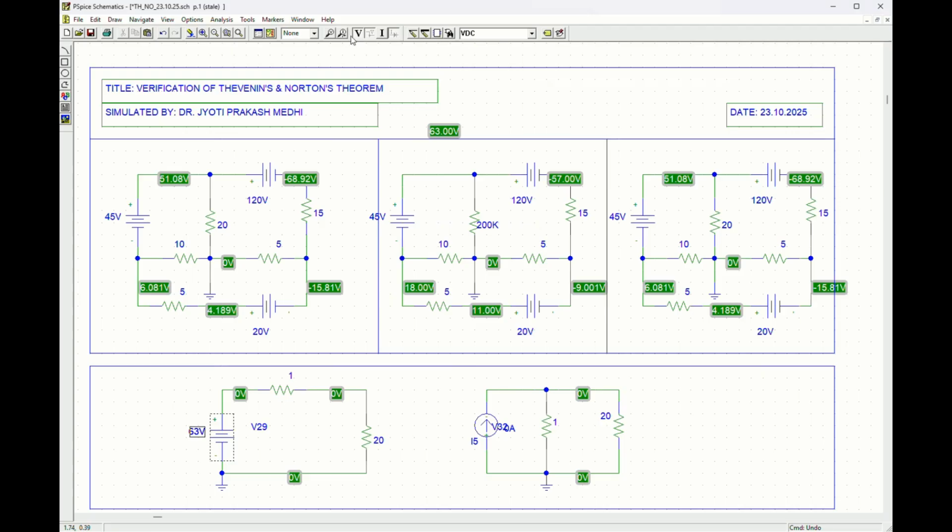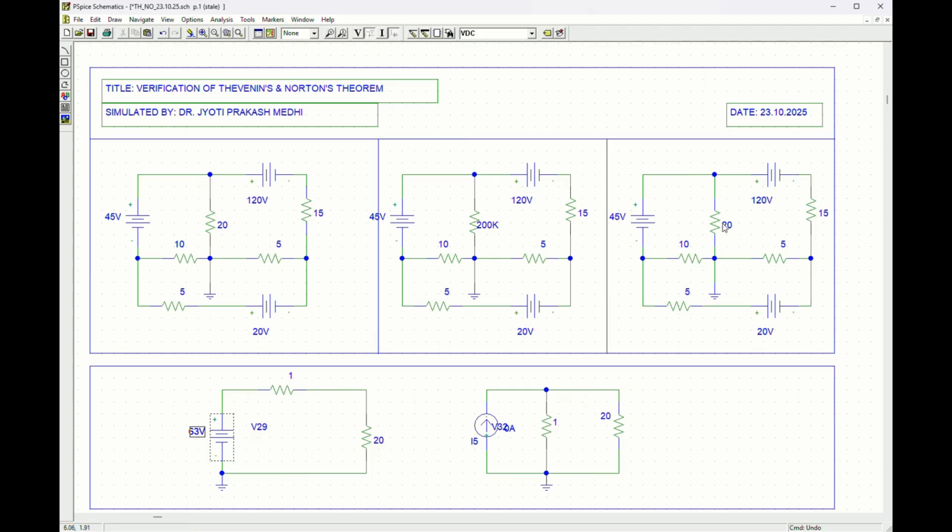Next, for ISC, that is the Norton current, we have to put a short circuit here and then determine the current. Similarly, as in the case of VTH where we increased the resistance, here we have to do similar logic, that means decrease this value to a very small one, say 0.001 ohm, which is almost similar to a short circuit.